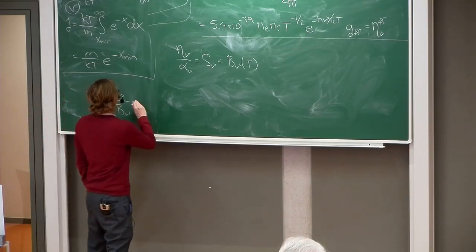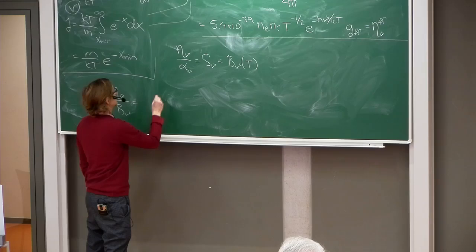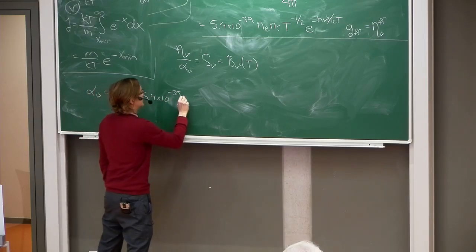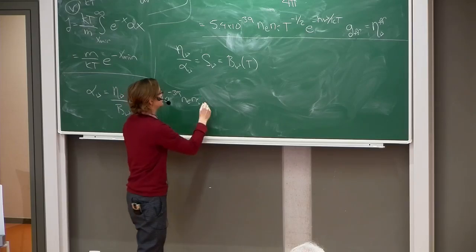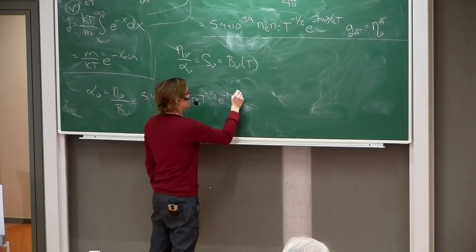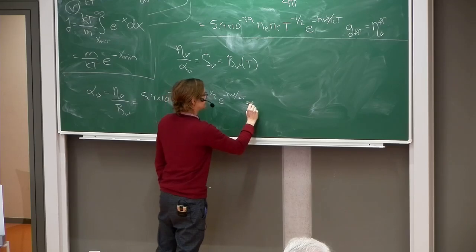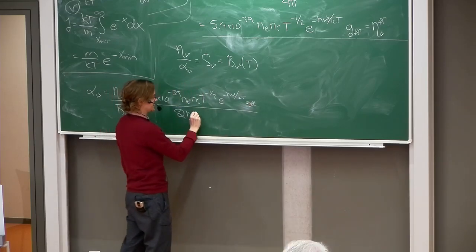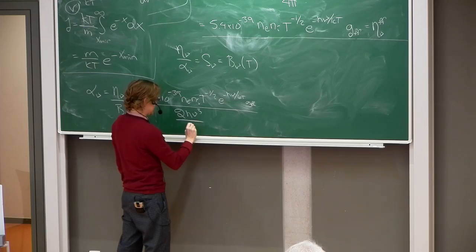It's a numerical fact. I'm just going to write it down. I was going to do proportionalities, but it's going to be as messy then. And then we divide by the Planck function, c squared.